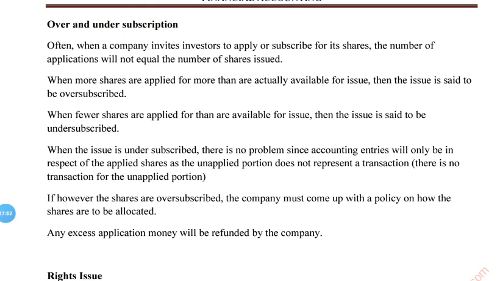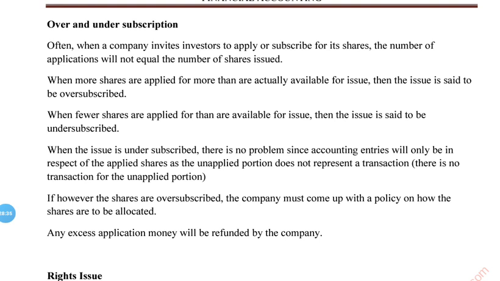So we have another item known as over and under subscription. Remember, a company may issue 1 million shares to the market, allowing the members of the public to buy. What we mean by subscription: when the company issues 1 million shares to the market and invites the members of the public to subscribe, then you find that in total the members of the public have applied to purchase 1.5 million shares instead of 1 million.